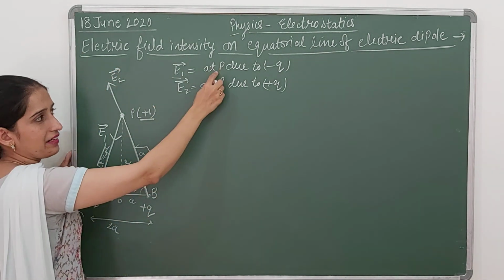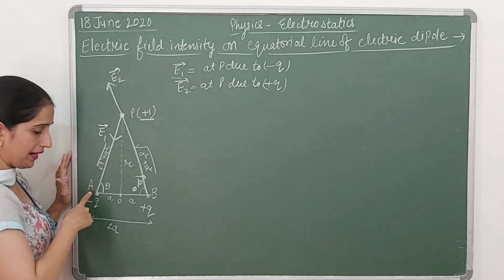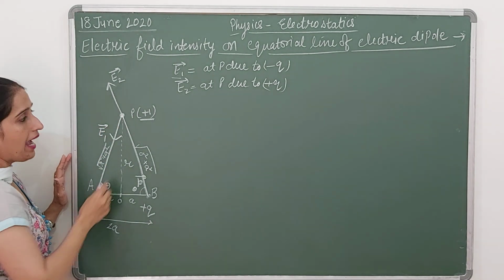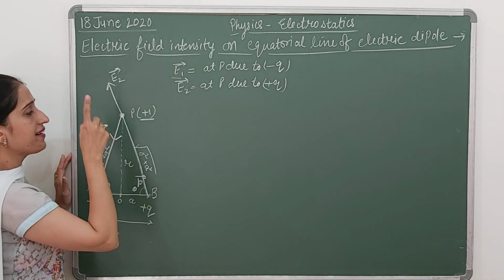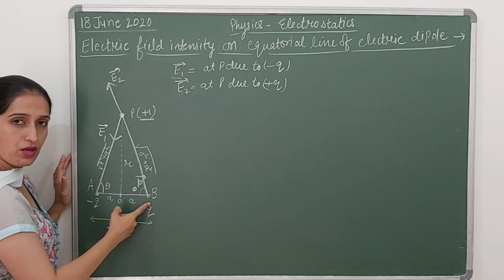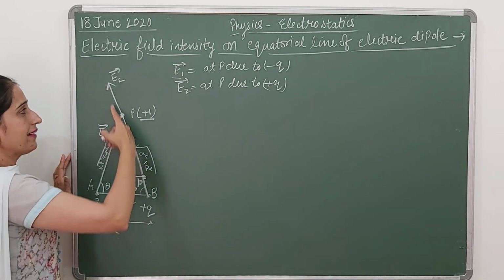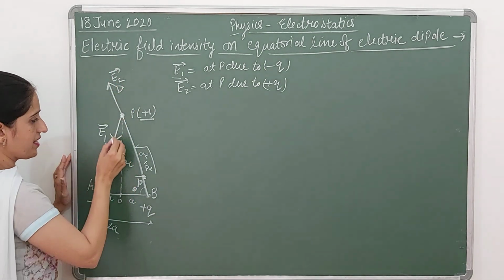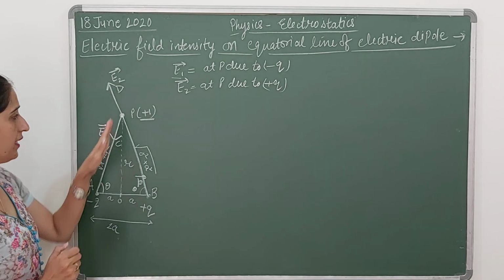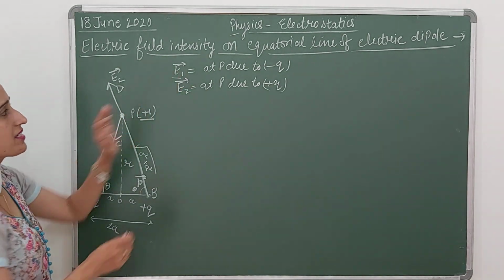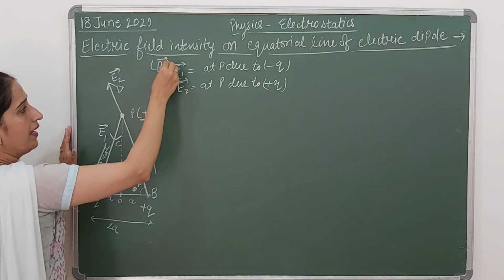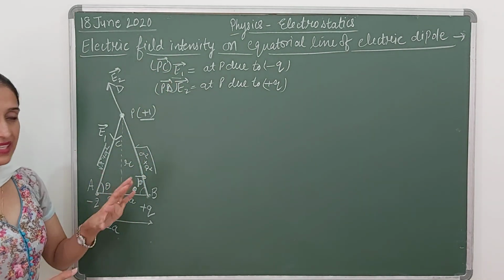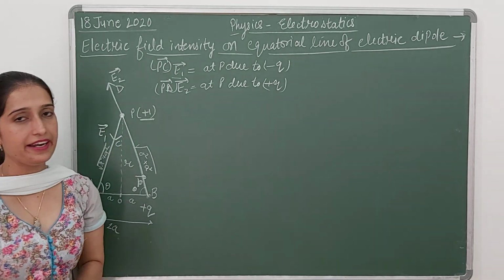So E1, the electric field intensity at P due to the minus Q charge, will act in this direction PA, and E2, the electric field intensity at point P due to the positive charge Q, will act in this direction. Suppose I mark this direction D and I mark this direction C. E1 is along PC and E2 is along PD. So this is the direction of the electric field intensity.